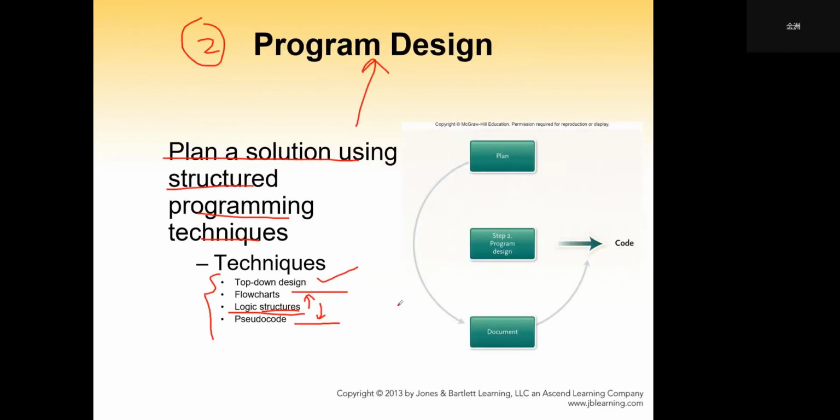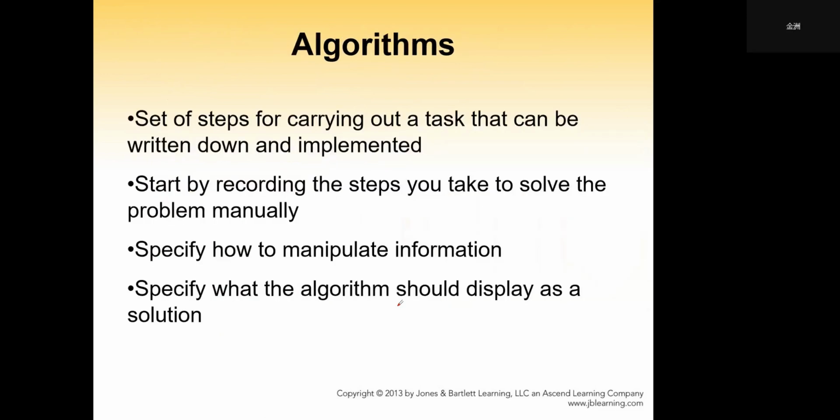We design the program, and when we design the program, one important thing is the algorithm, how to represent the design, right? We can represent the design through the algorithm. A set of steps for carrying out the task can be written down and implemented. So we can write down how to carry out the task, the steps.